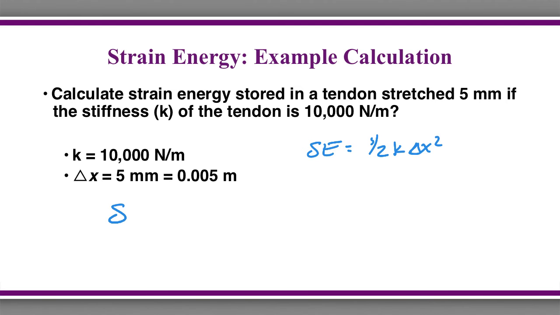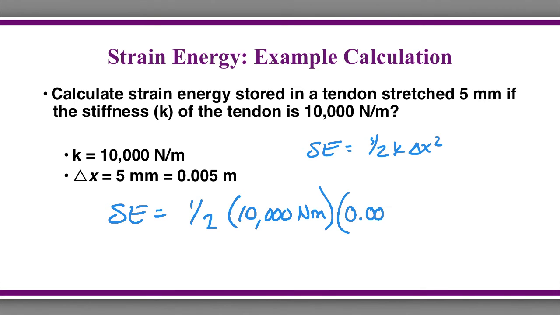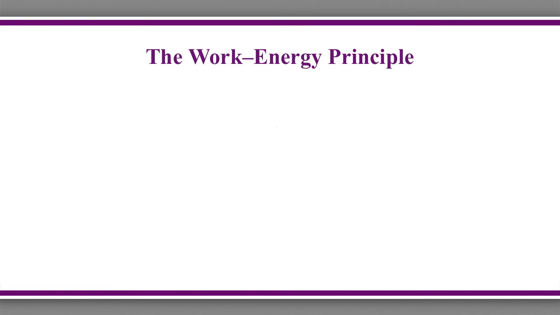So then SE would equal 1/2 times 10,000 Newton meters times 0.005 meters squared. Calculating that out, strain energy would be equal to 0.125 joules of this tendon.